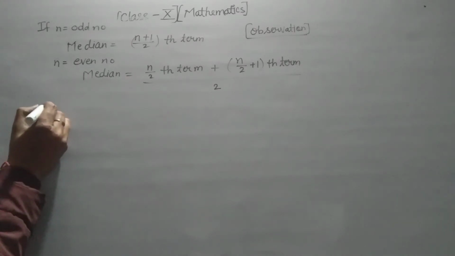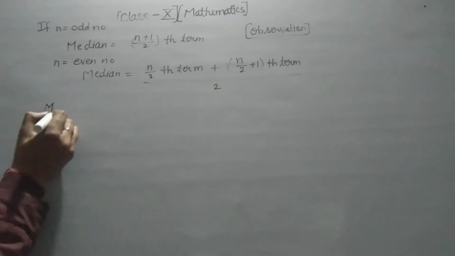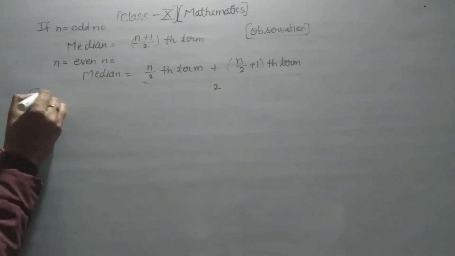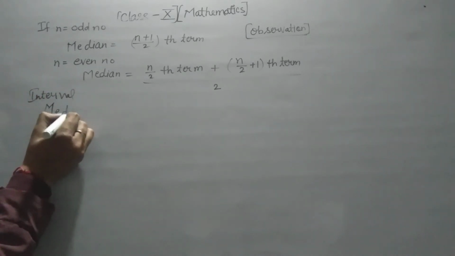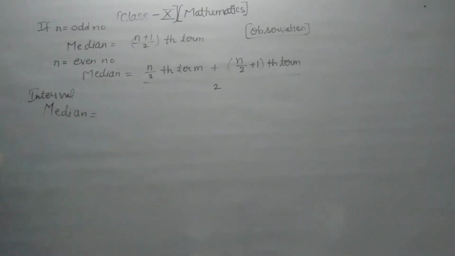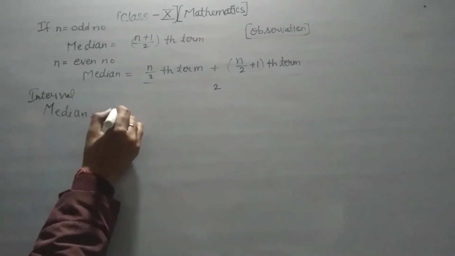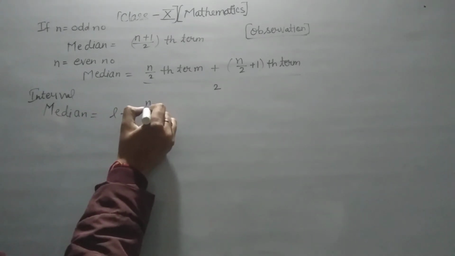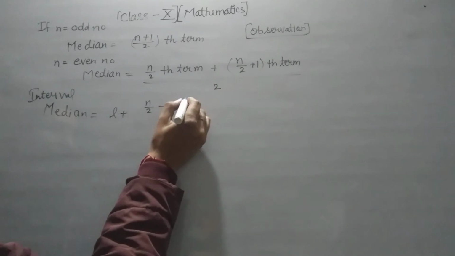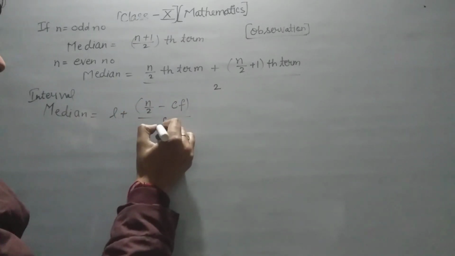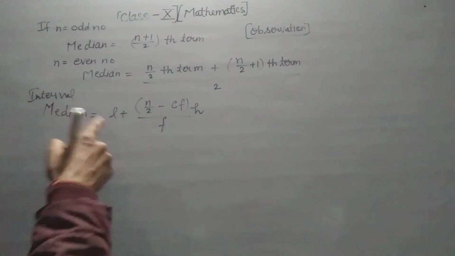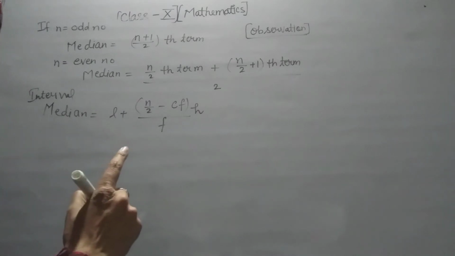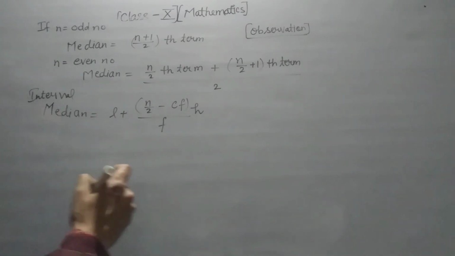Here the formula of median for interval is: median equals L plus (n upon 2 minus Cf) upon f, into h. This formula you have. Okay, here I explain all the terms that help to find the value of the median.